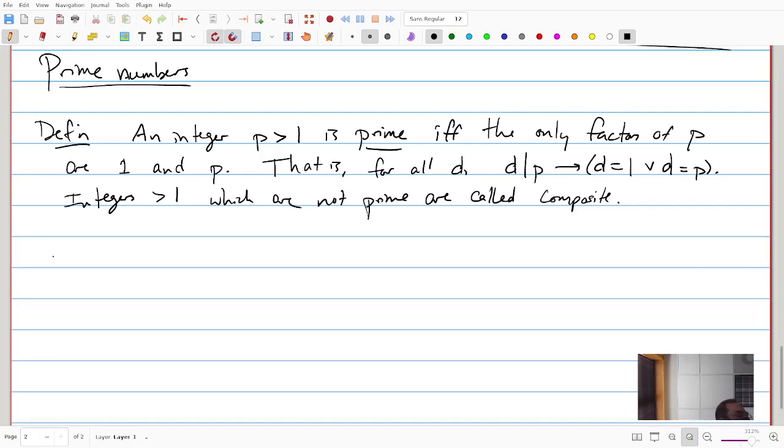So note, 1 is neither prime nor composite. 1 is special. It is the multiplicative unit, right? It's the number that when you multiply by it, nothing changes.